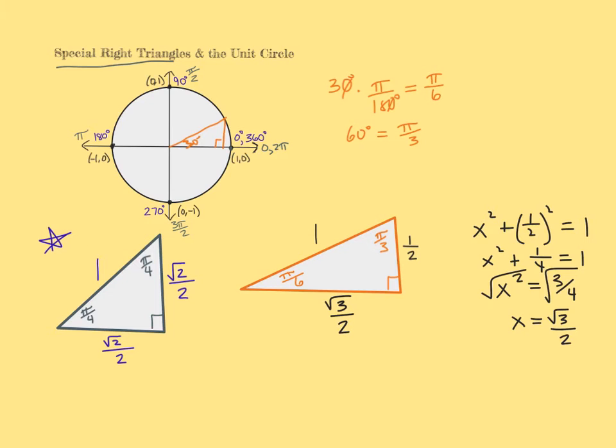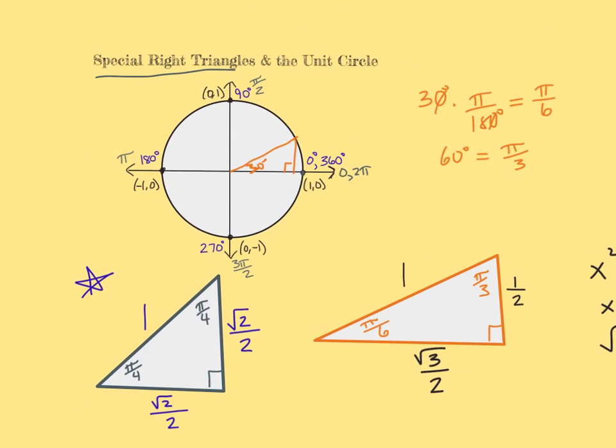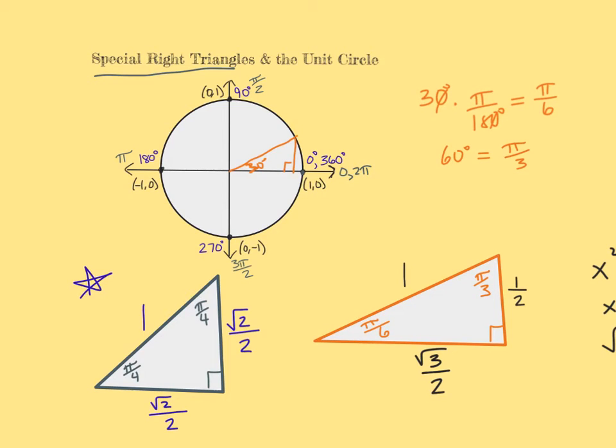What do these mean? Well, let's look at the 30, 60, 90 because that one's still drawn on here. In order to get from our origin to this coordinate point here, we're moving to the right root 3 over 2, and then we're going up 1/2. So this coordinate point right here, these coordinates are root 3 over 2, comma 1/2.